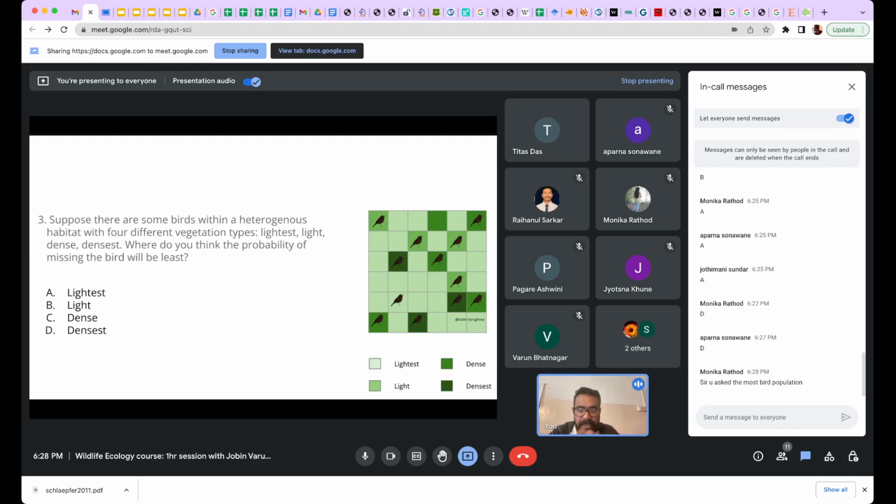That is very simple, straightforward. No, I didn't ask which has the most bird population. I said where is it most easily seen? I'm not asking you to count the bird. I'm just saying where is it easily seen? We are talking about the detection and not about the occupancy of the bird.